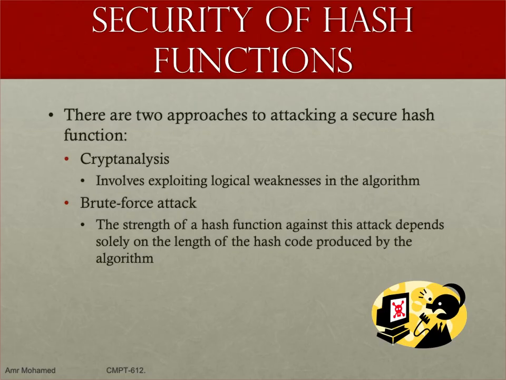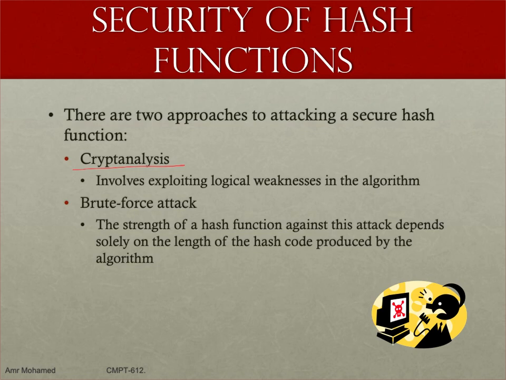Okay. There are two approaches to attacking a secure hash, of course. One is cryptanalysis. We'll see a very simple example for this. You have an example of a hash function simply based on parity bits. Parity bits we discussed, or you studied before. We'll see how it's produced. Very simple, okay?